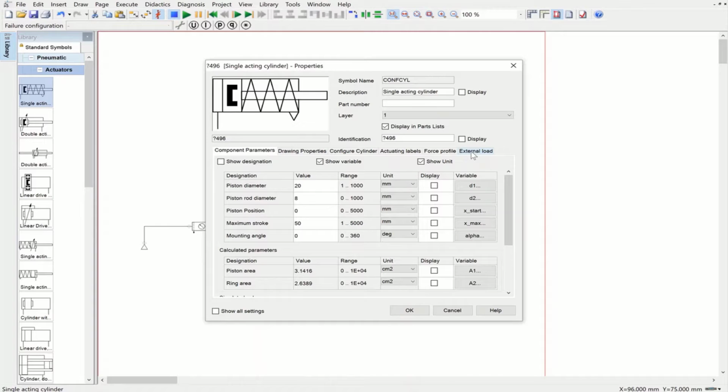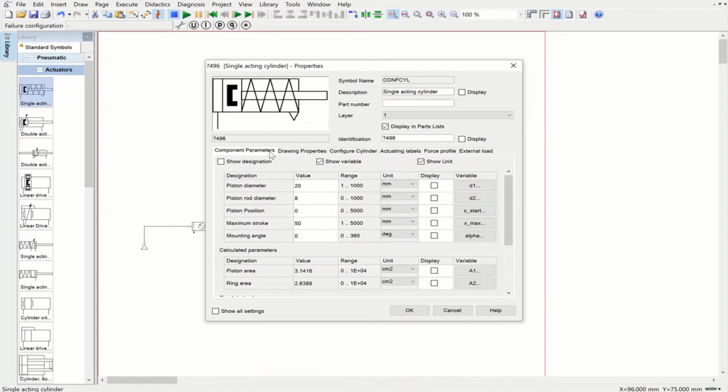Inside component parameters, you see we have piston diameter, piston rod diameter, piston position, maximum stroke, and mounting angle. On the theoretical side, we already discussed how we can calculate the force, right?